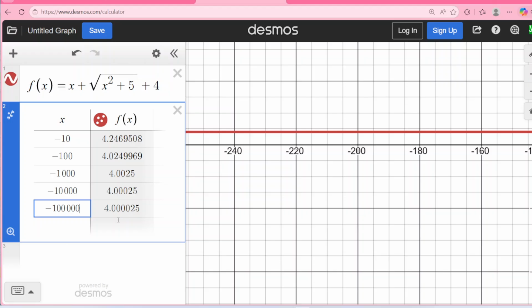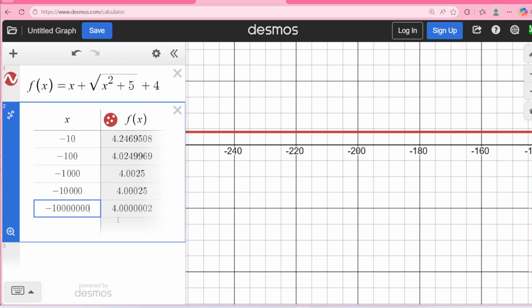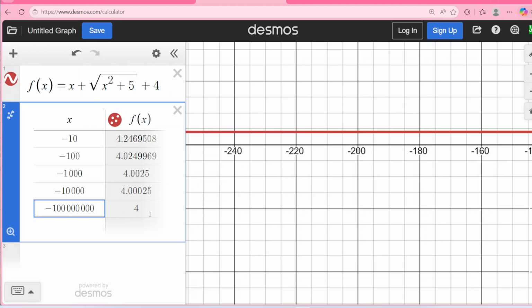And I know in Desmos, eventually it'll get so close to 4, or whatever its limit is, that it might just say 4 after a while, even though it's not actually going to be equal to 4. It's going to approach 4. But you see, I put in enough of these, like negative 100 million. After a while, it's so close to 4 that the calculator just says it's 4. It's not 4, it's a little off of 4.